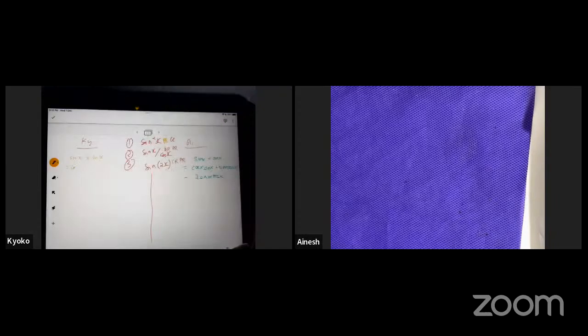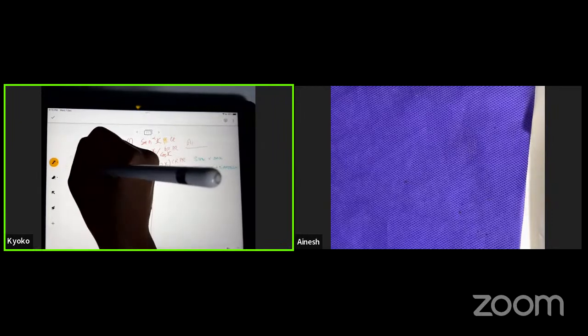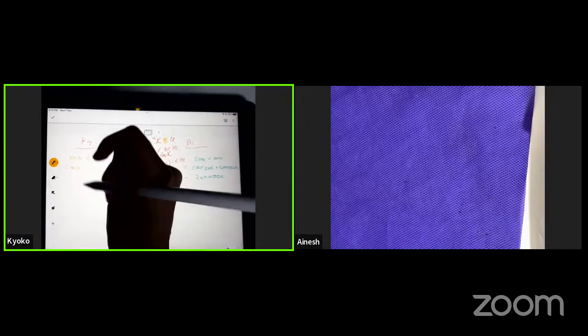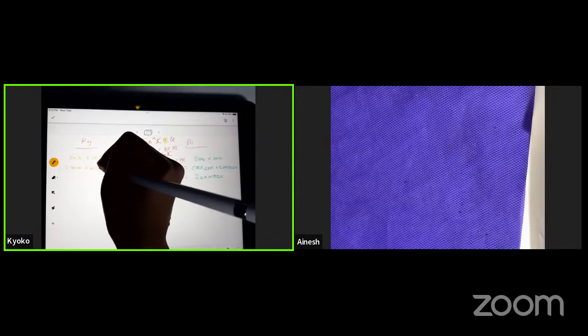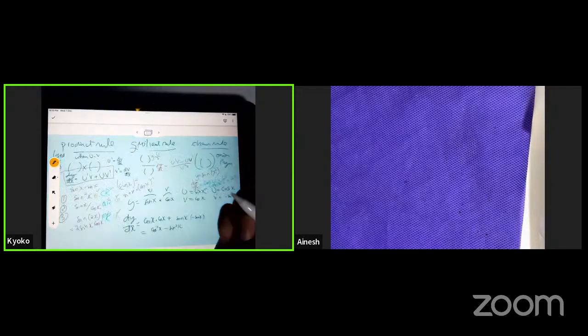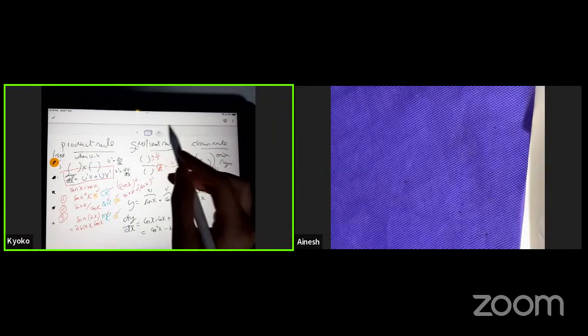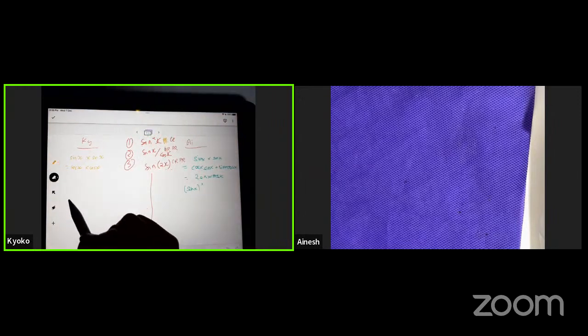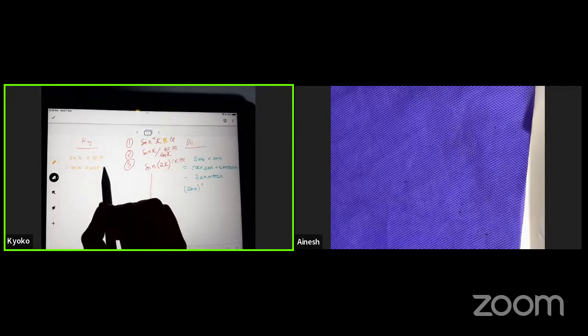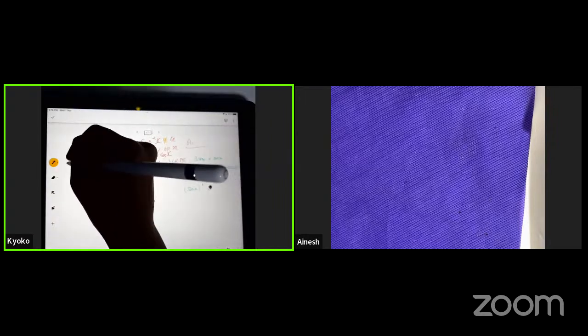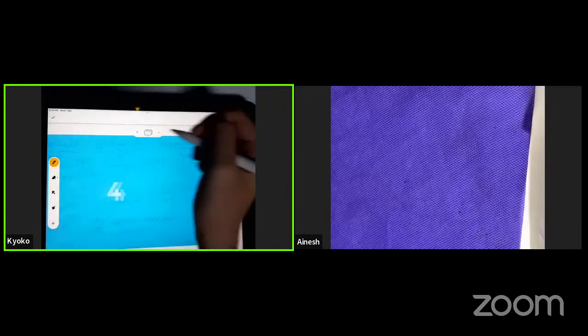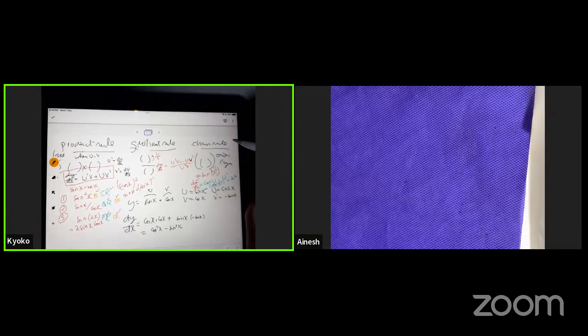Something inside, something outside. What is that? I don't know, dude.